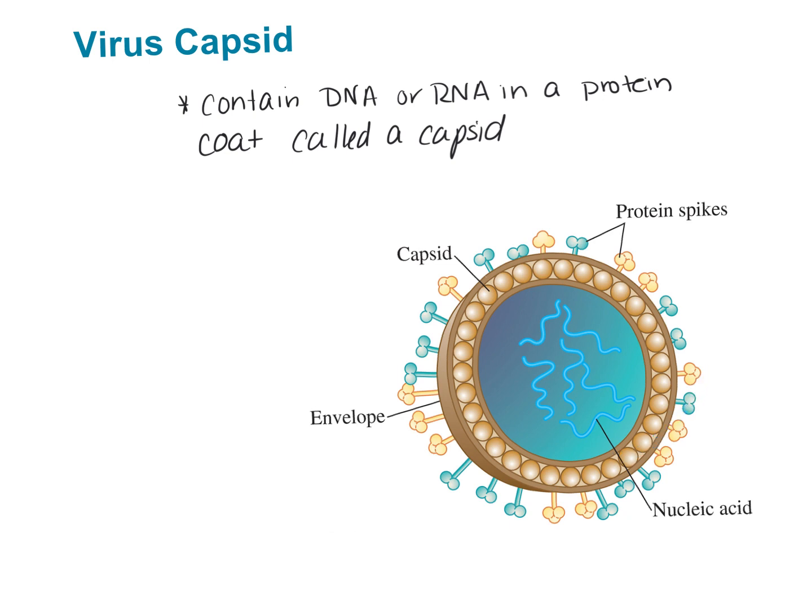Not all viruses have them, but a lot do, and they have a variety of functions. So viruses are different. They have different shapes. They have some different components, but the function of all viruses is the same. They're going to monopolize the function of the host cell for the benefit of the virus.